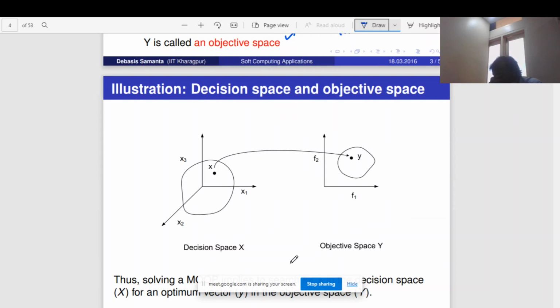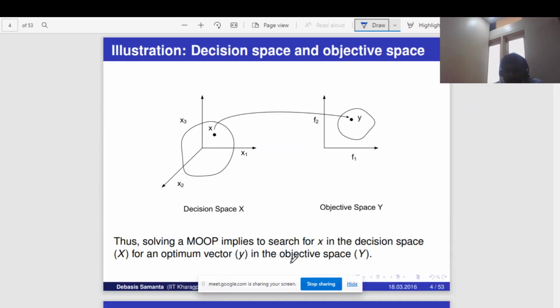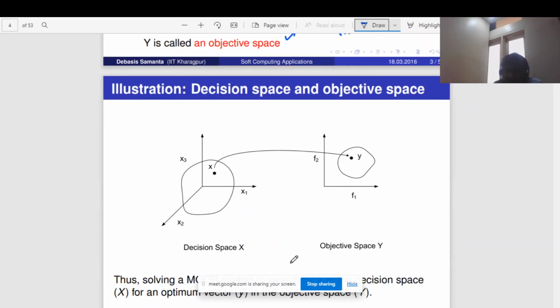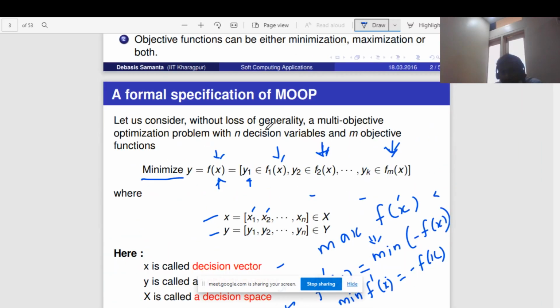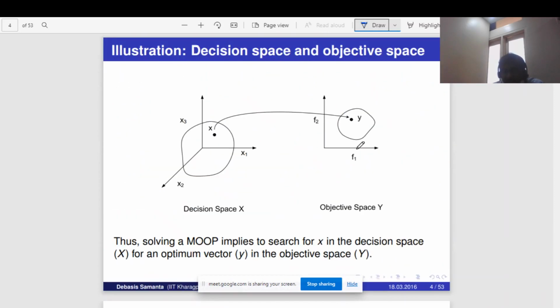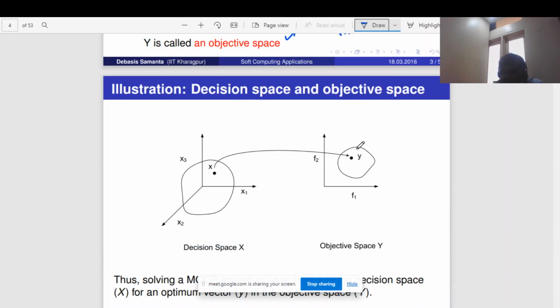Here it is just represented graphically. As we discussed, x is input and y is output. Say for example, for y we have two functions. Output may depend on any number of functions, but in multi-objective it should be a minimum of 2, and can be more than or equal to 2. So let us assume there are two functions, f1 and f2.